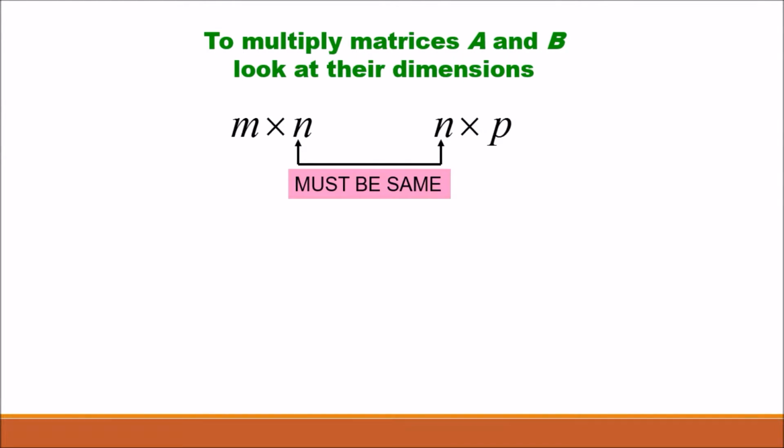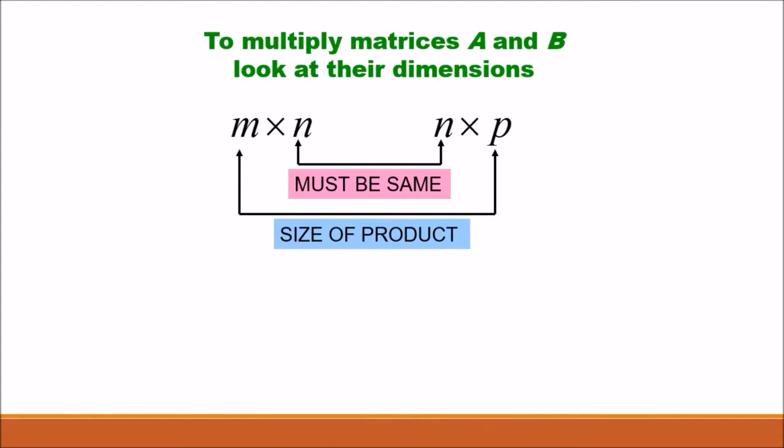Now if the number of columns of the first matrix, which is n, is equal to the number of rows of the second matrix, only then we can multiply these two matrices. And after multiplication, the resultant matrix will have dimensions m by p.